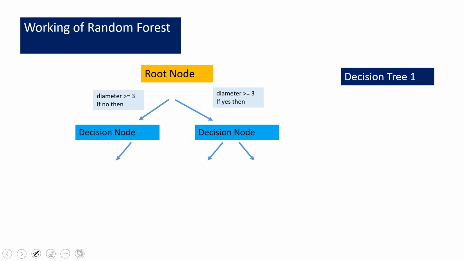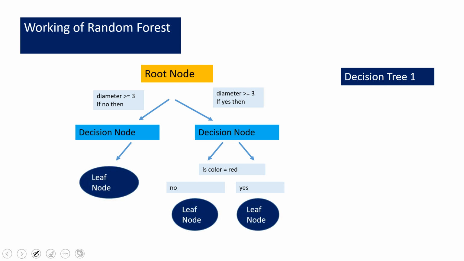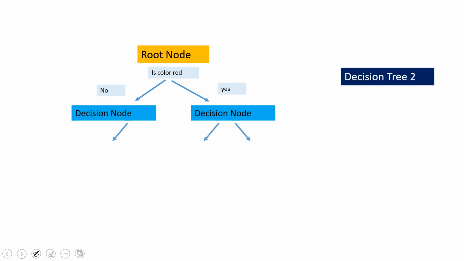So what we do here is use three different decision trees, each tree looking at different features to classify a fruit. Decision tree 1 is over here, so diameter and color features are used for the classification purpose. Moving towards the other decision tree, shape and color features will be used for the classification purpose.